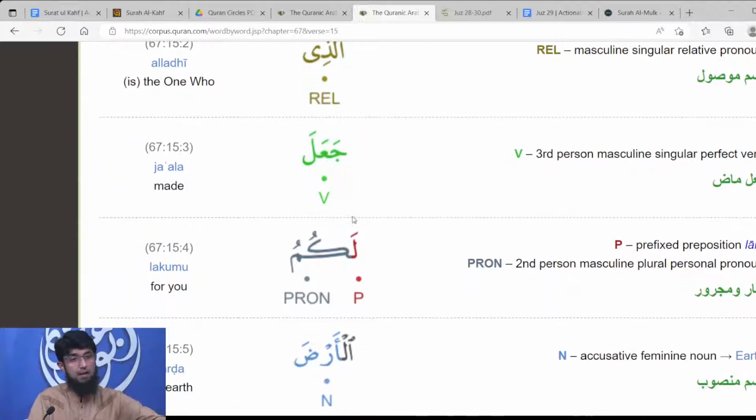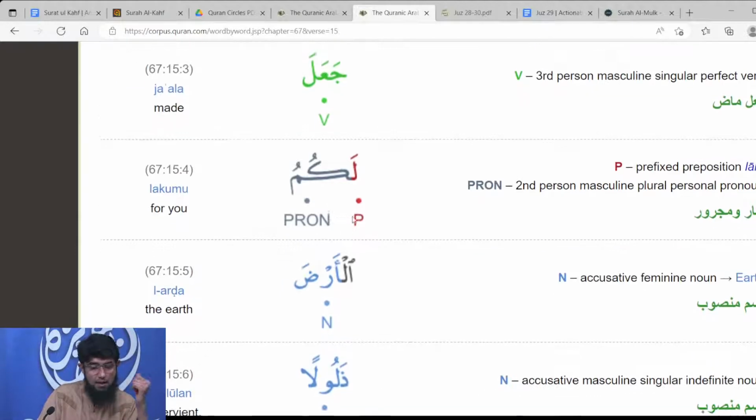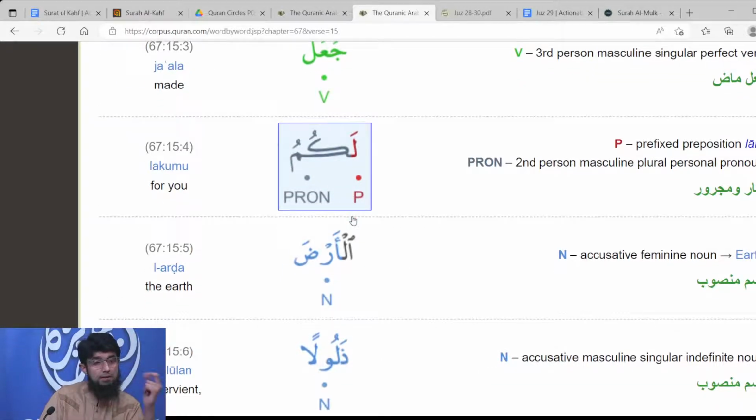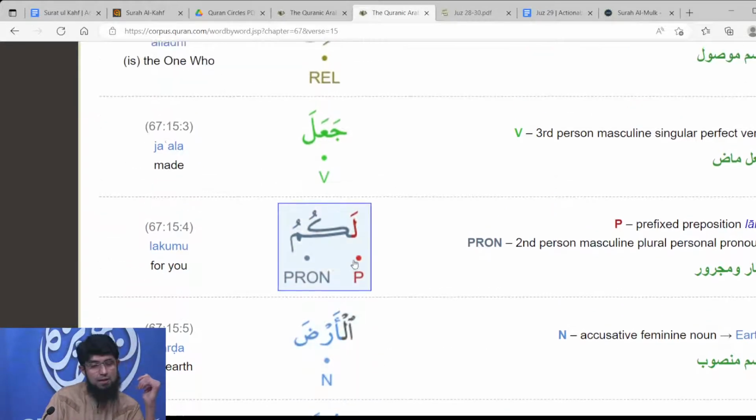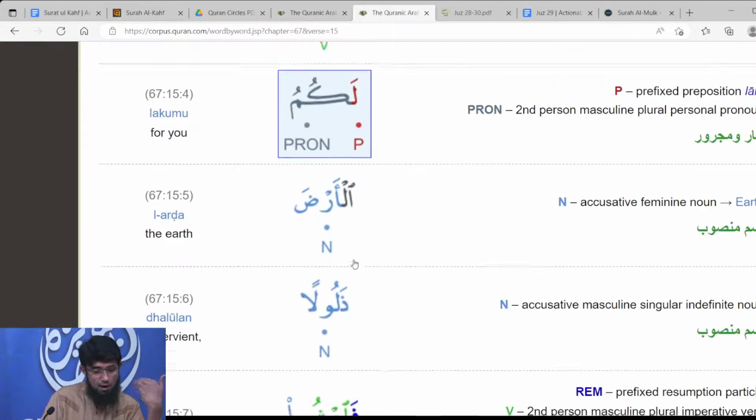Awijharu bihi, right? Whether you hide it or you make it apparent, bihi, with it. So the "he" was a masculine noun, right? That's talking about the qawlakum. Wa asirru qawlakum awijharu bihi. So whether you hide your statements or you make it apparent, bihi, the "he" was pointing to the qawl. Qawl was a masculine noun. Now here the ha is pointing to the "she" or "her," manakib.